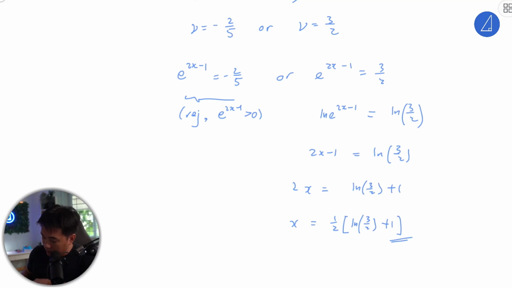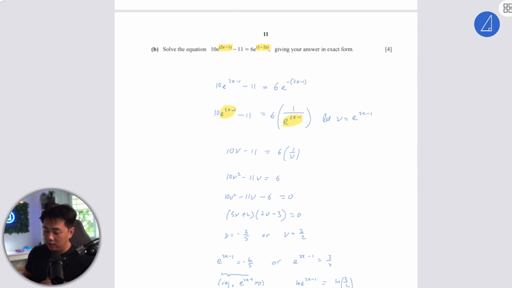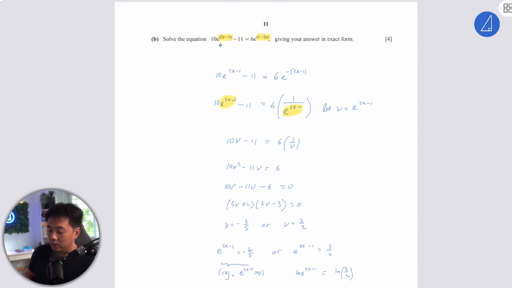Okay, so that's how you do this question here. Obviously, just take note, you just key into calculator and check whether the answer is correct. So this x here, just replace it into the left hand side, and then the right hand side, and see whether the equations tally or not.